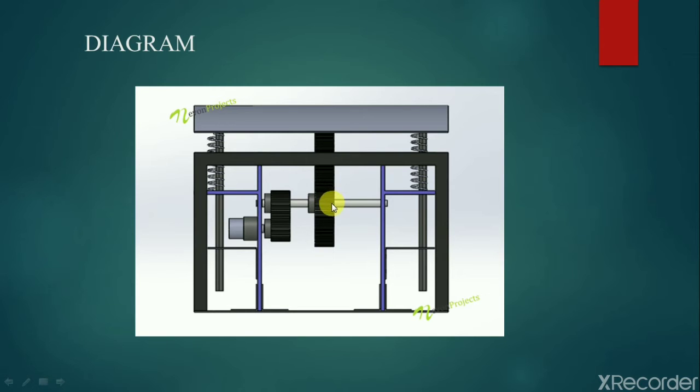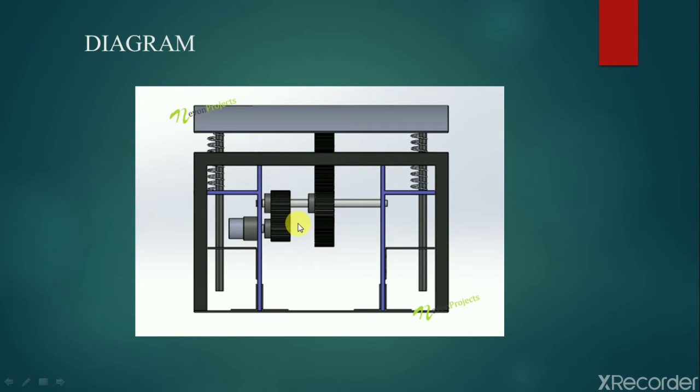The pinion is meshed with the rack. The pinion is on a shaft, and at the left end of the shaft the idle gear is meshed. The idle gear is used to transmit the power from pinion to generator.